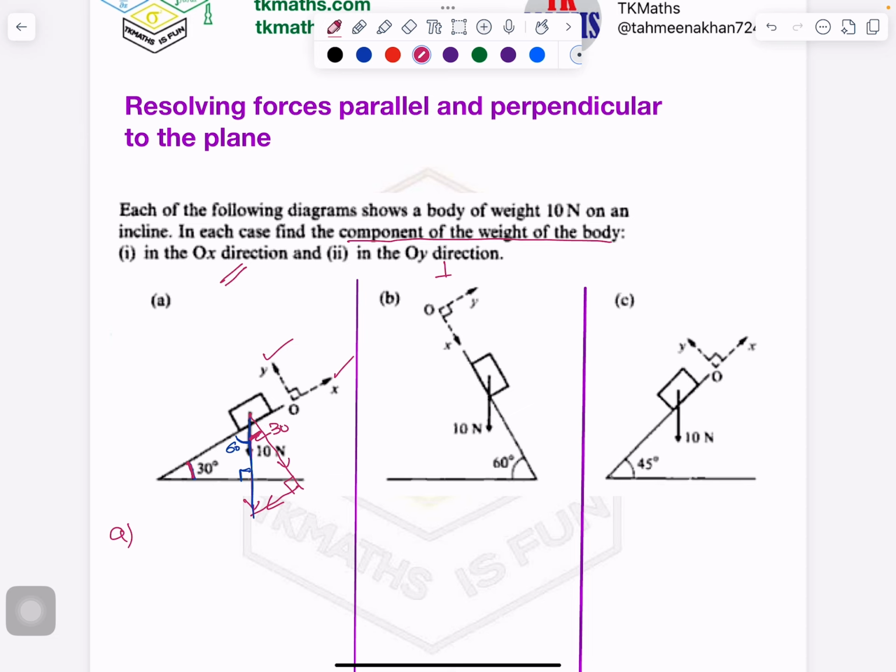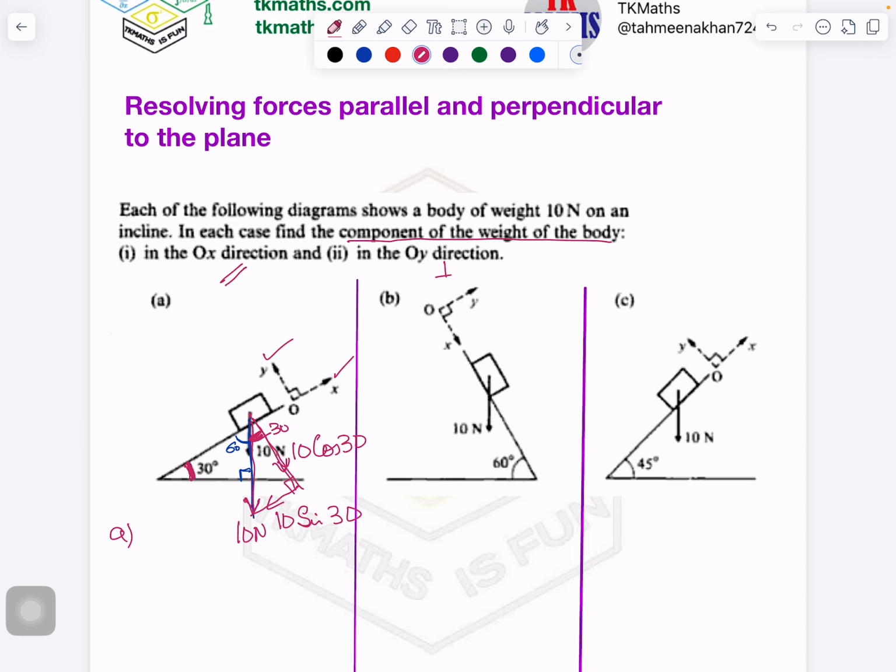So every time I will not explain, but you understood the angle made here will be the same as the angle given here. So now this one which is perpendicular to the plane, and in the direction of OY, will be what? It is downward. So it will be 10, because this force is given in the question and it is 10. So it is 10 cos 30 and this is 10 sine 30.